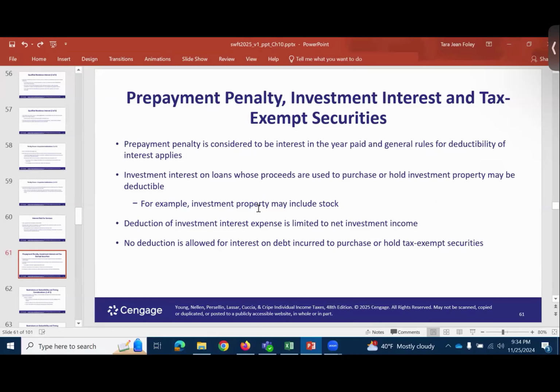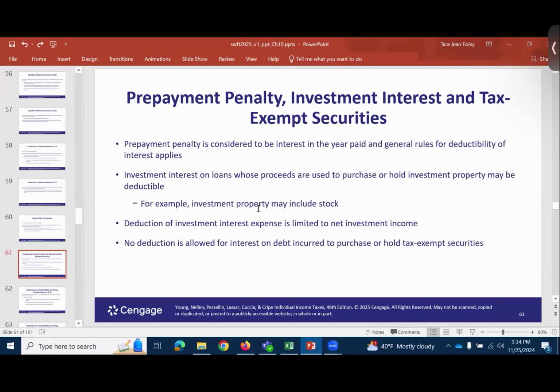So sometimes in the document, it'll say you cannot prepay your loan. Why? Because the bank won't get their 7% interest over the 15 years. If you pay it 5 years early, they're going to miss out on that 5 years of interest.